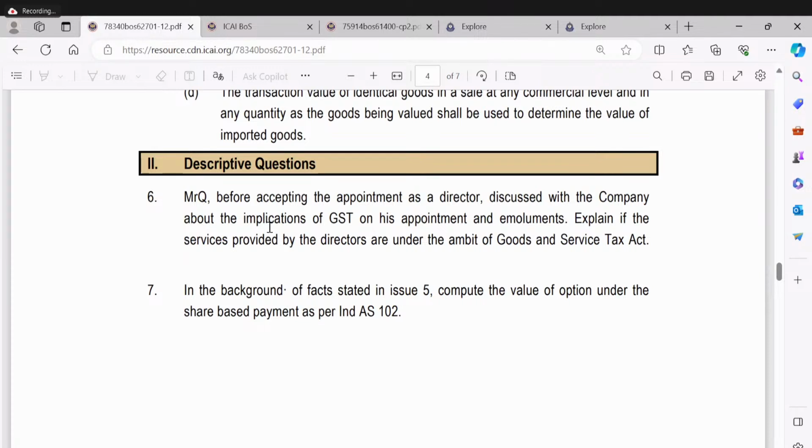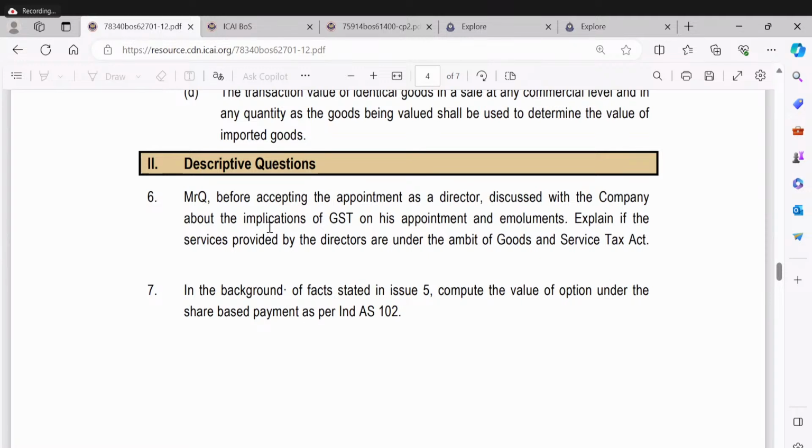And in fact, if you want to get it repeated, there is a possibility in BOS for success sessions, which we might be holding during the month of March or April. We'll be taking these statutory updates for final. Okay, so then there you can refer to these statutory updates for the indirect tax laws.